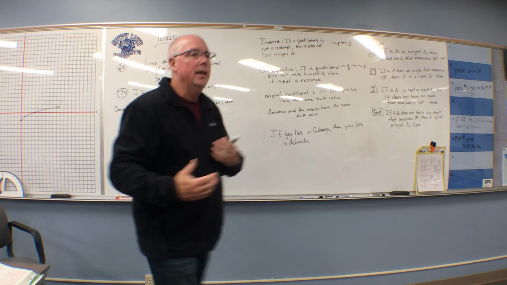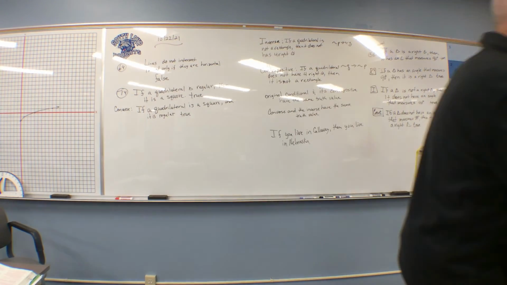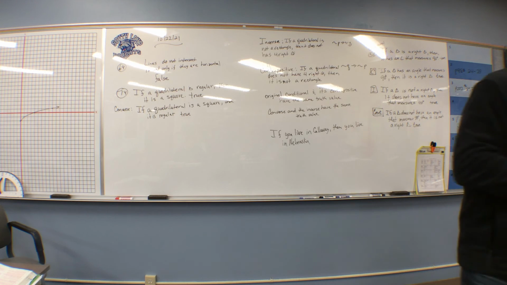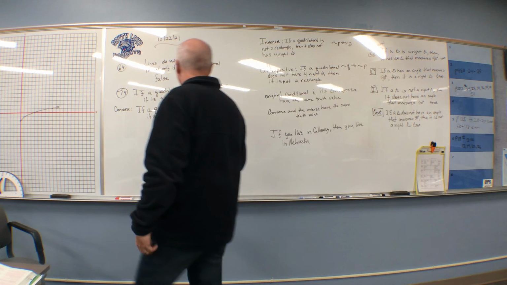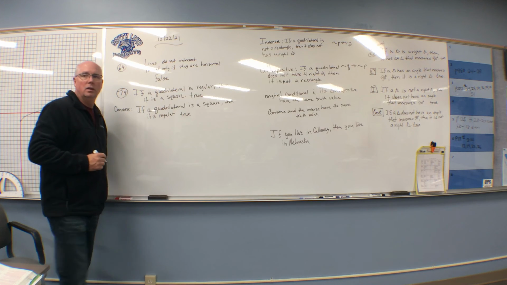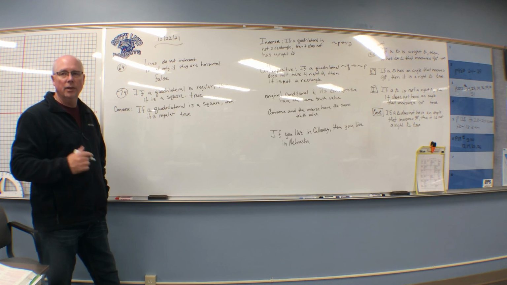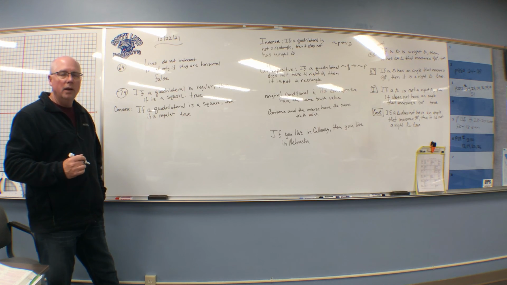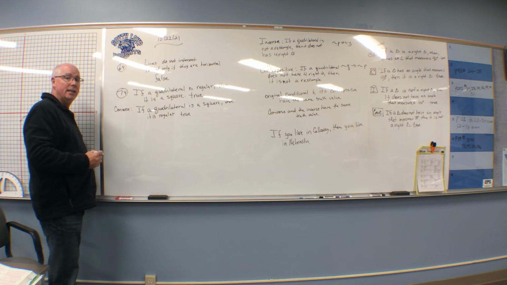That's false, so a rectangle would be a counterexample. Sometimes it takes more than one word, but in this case it took one word. Now we have to write a biconditional.